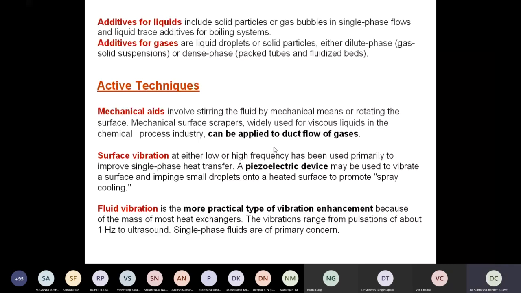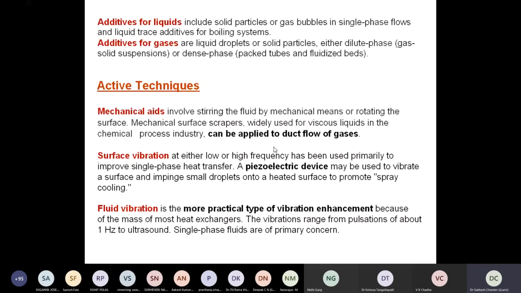That's why heat transfer enhancement is a well-discussed topic. As I said in the beginning, many process industries are now doing a lot of design modifications so that they can provide some enhancement in their devices, right?